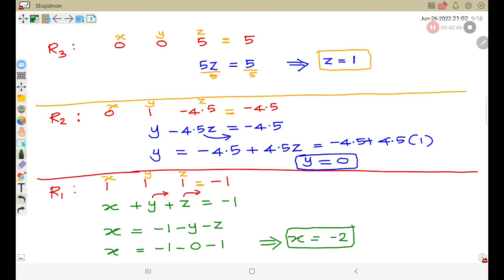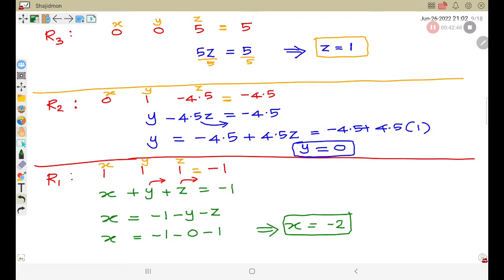Okay, I hope you understood the steps. So what is the solution we are getting? I am just writing the solution. Okay, the solution is x equal to minus 2, comma, y equal to 0, comma, z equal to 1.